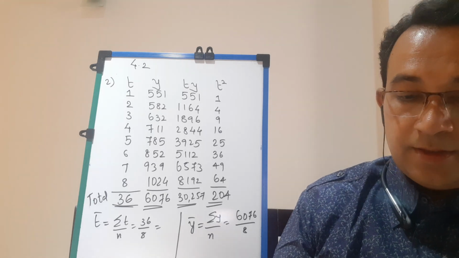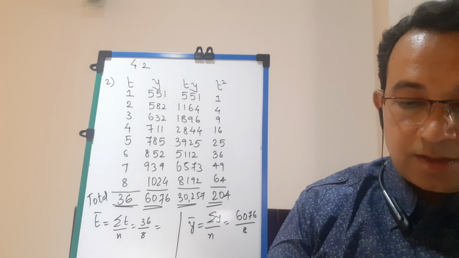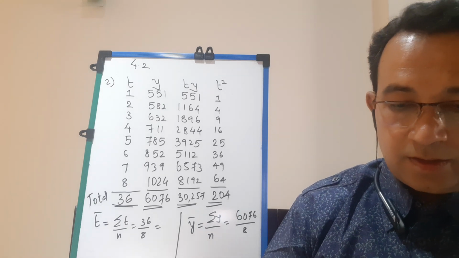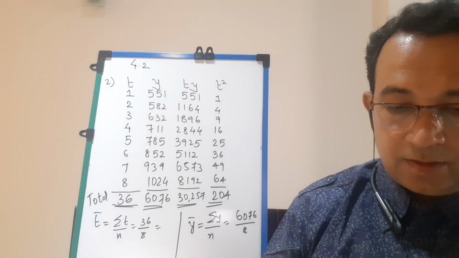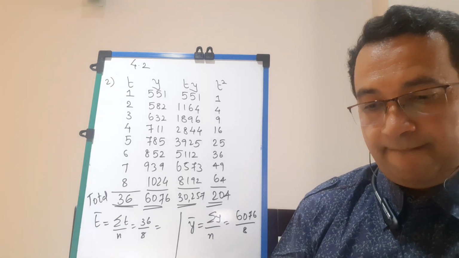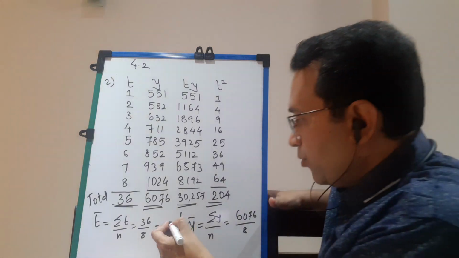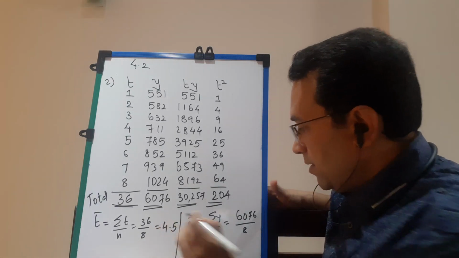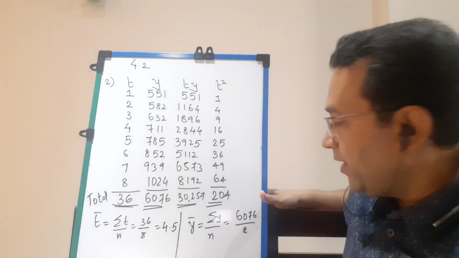Now students, let us check. t bar comes out as 4.5 and y bar is 759.5.